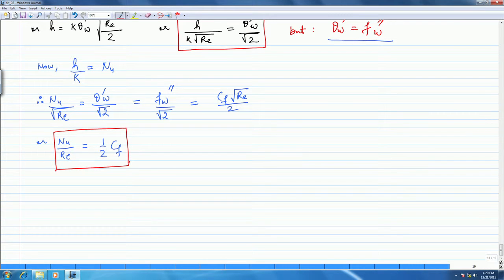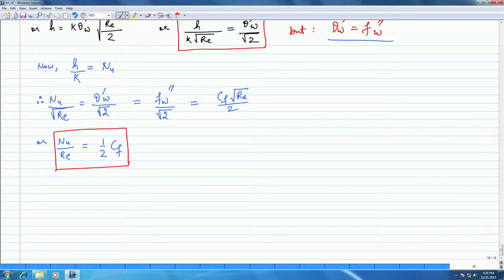So, skin friction coefficient. Therefore, the skin friction coefficient and Nusselt number are connected through the Reynolds number. That's quite interesting, isn't it? In other words, in order to calculate the heat transfer at the wall, knowledge of the skin friction coefficient and Reynolds number are sufficient.